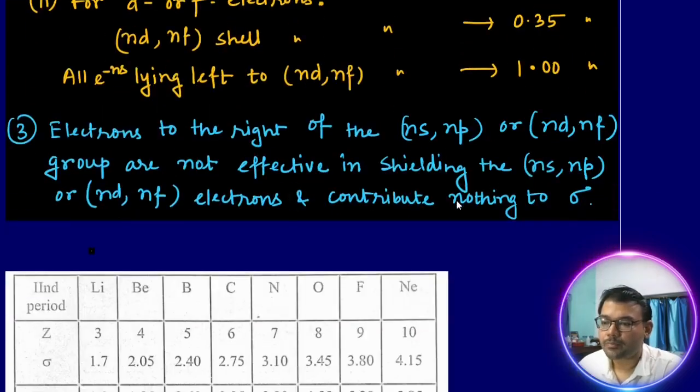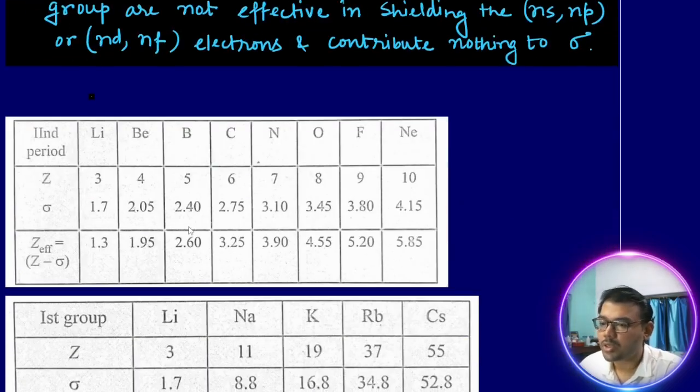The shielding constant for lithium is 1.7, beryllium 2.05, boron 2.40, carbon 2.75, nitrogen 3.10, oxygen 3.45, fluorine 3.80, and neon 4.15. I am going to calculate this sigma very soon in this lecture; for now I am just explaining what changes occur due to this shielding effect.